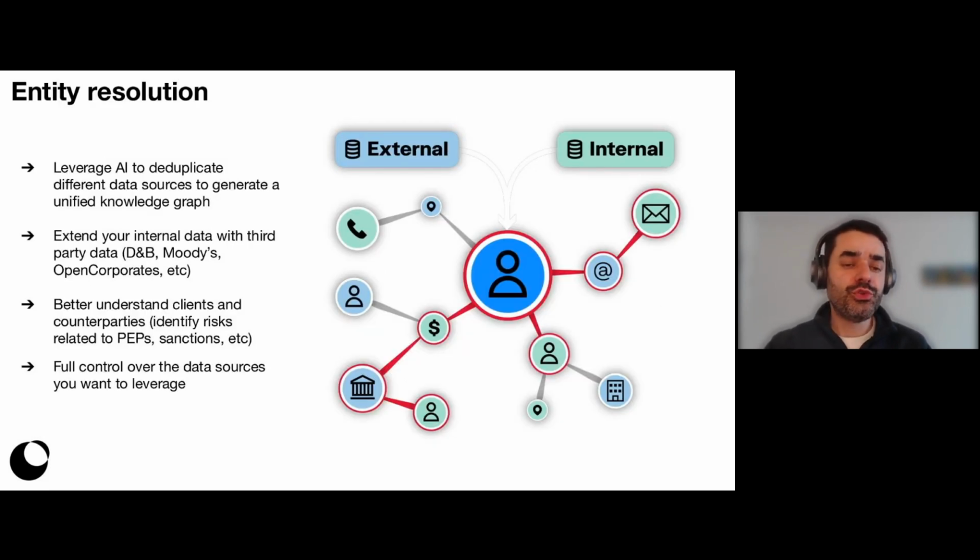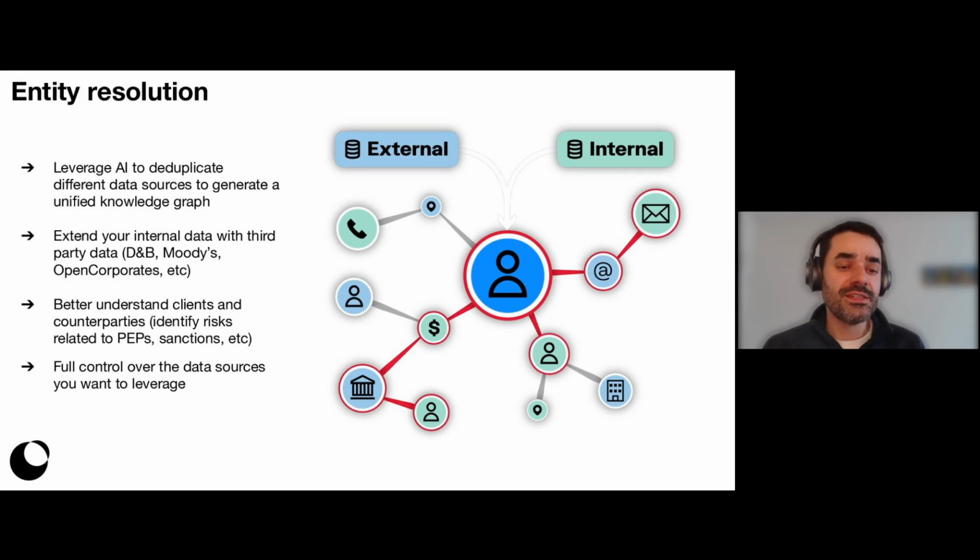Now I want to zoom in on some of the capabilities that I mentioned earlier, starting with entity resolution. So first, we are leveraging AI to deduplicate different data sources and generate a unified knowledge graph. So that's really where the value of entity resolution comes in.